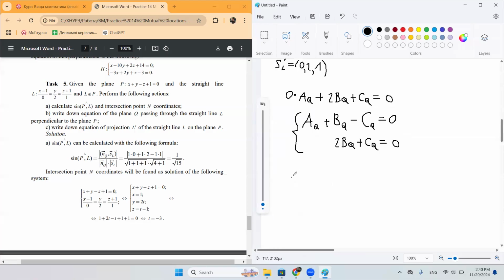B equals minus 1 second of C. A equals minus B plus C, and so it equals 3 seconds of C.